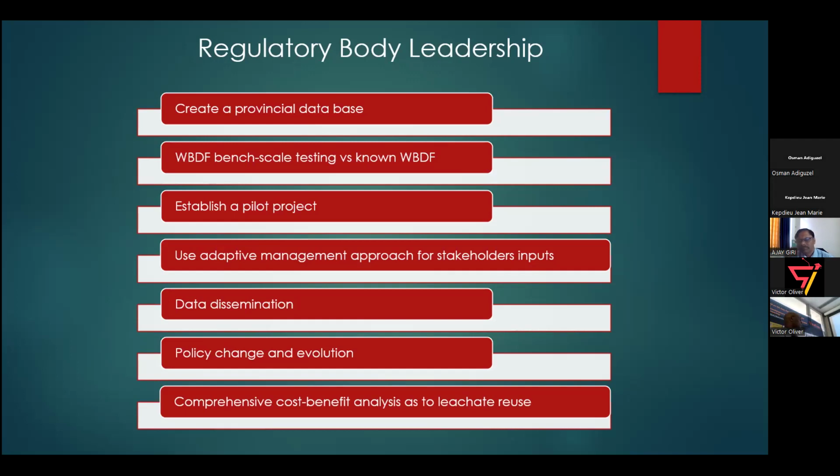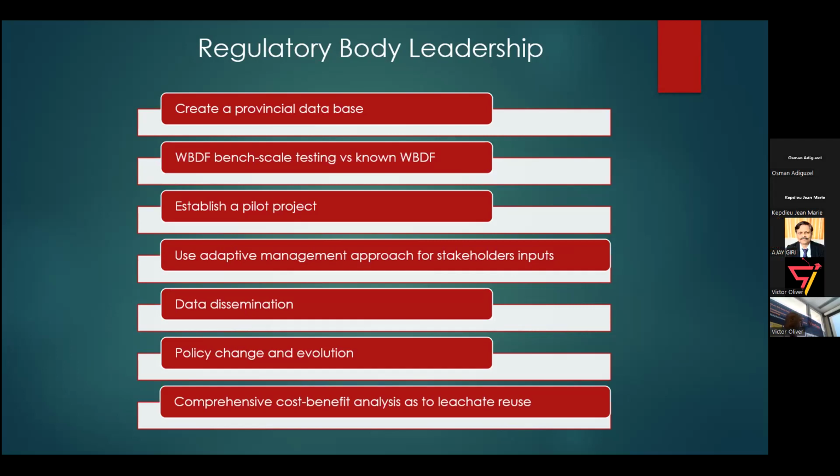Establish a pilot project, use a flexible managerial approach, and provide input from stakeholders. Once you get the empirical information, disseminate it, and have conferences with stakeholders. By stakeholders, I mean not only oil and gas, but also the general public, academia, and so on.